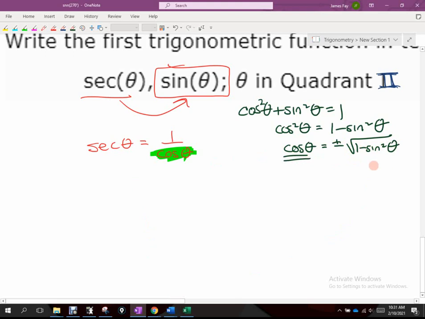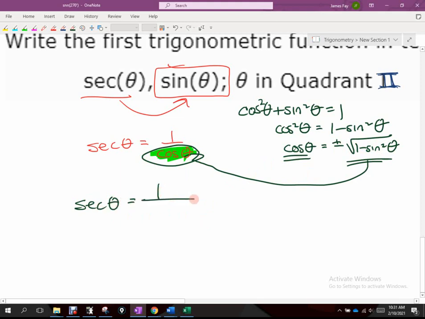Now, you can make the substitution. You can replace that green thing with plus or minus square root of 1 minus sine squared. So secant theta, 1 over plus or minus square root of 1 minus sine squared theta. Okay? Now, just got to remember, what quadrant were we in?